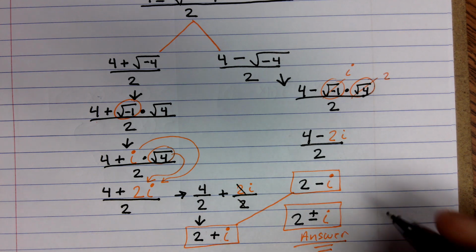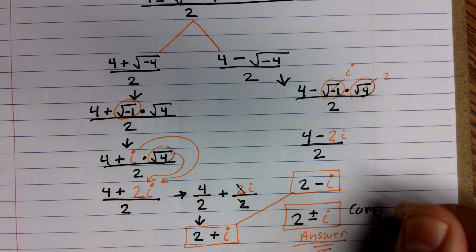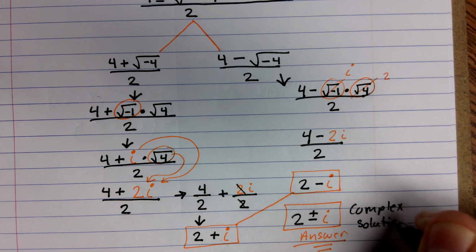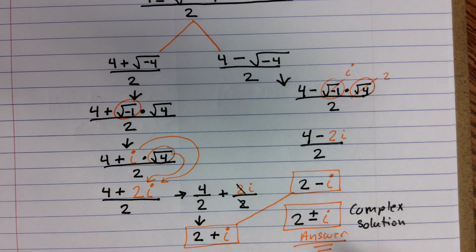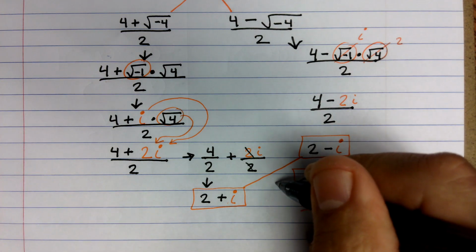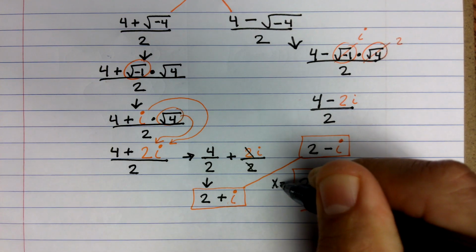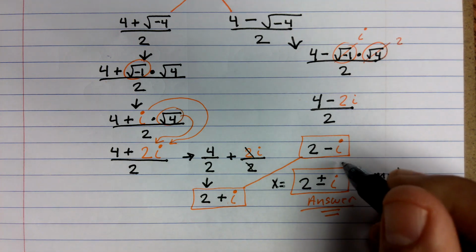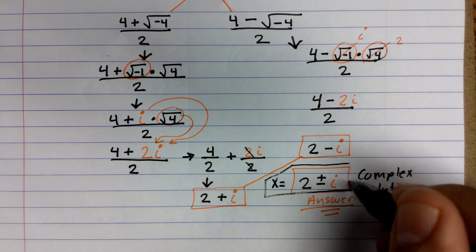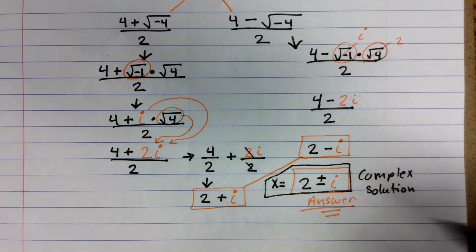And this is called a complex solution because it's made up of an imaginary number. And let me be sure not to forget to put this as x equals 2 plus or minus i.